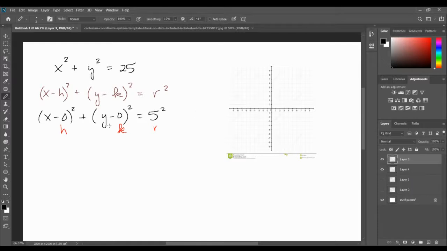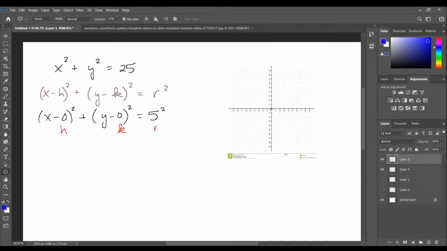So the center is h, k, so 0, 0. So the center is right here. And there we go. So come back to my circle tool. Got a radius of 5.